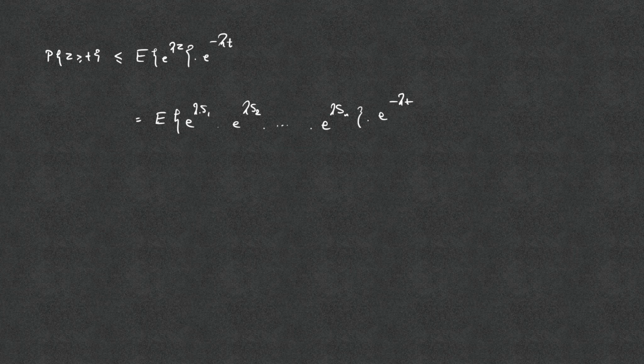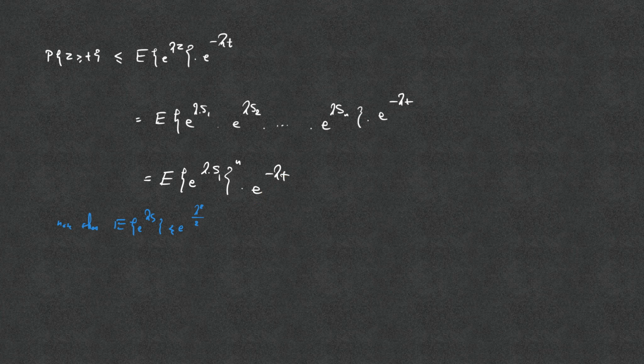Now, consider this: E[e^(λS_1) times e^(λS_2) all the way to e^(λS_n)] times e^(-λt). Again, note that Z was the summation, therefore you could have the summation in the exponent, meaning you would have the multiplication of all of these. Which in turn means that, given that these are identically distributed, you could consider one of them: you have E[e^(λS_1)] to the power of n times e^(-λt).